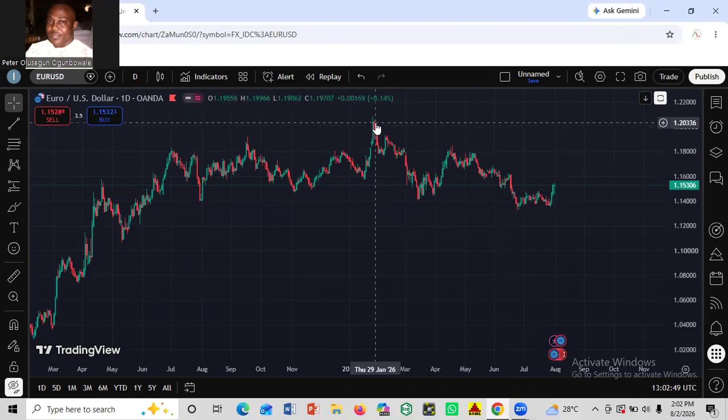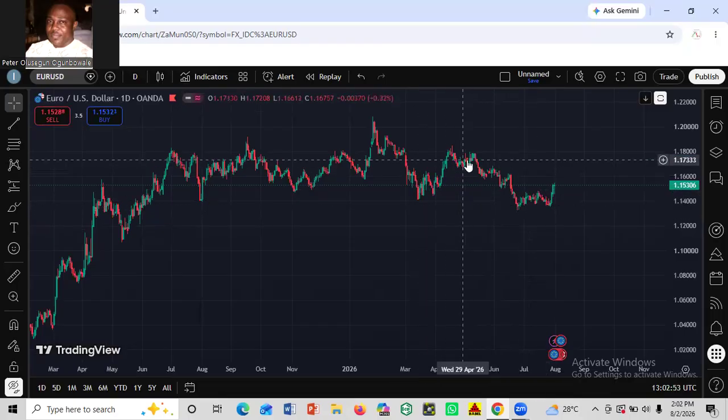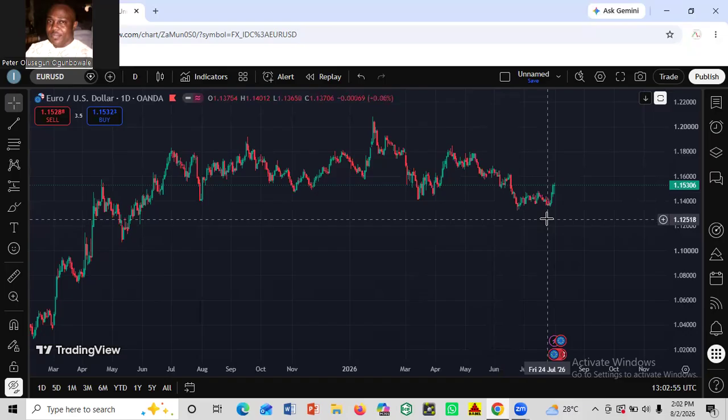It could mark that this has ended A, B, C of a W, but again, it didn't extend, it didn't give us 100% extension. So we might be seeing a more complex reaction from this price.